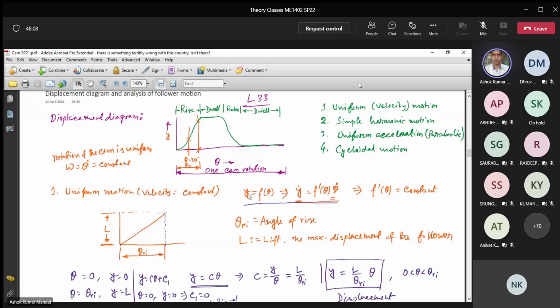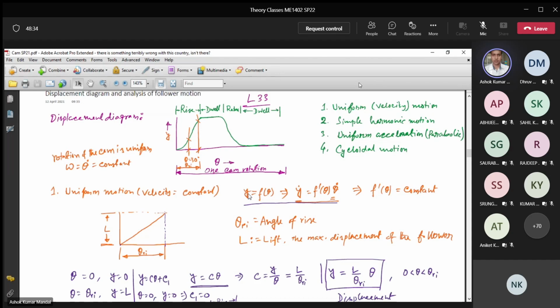We need to check all those kinematic quantities, because as you know, the force applied is proportional to the acceleration, and also the velocity. So we need to check whether that is fulfilling our requirement or not.